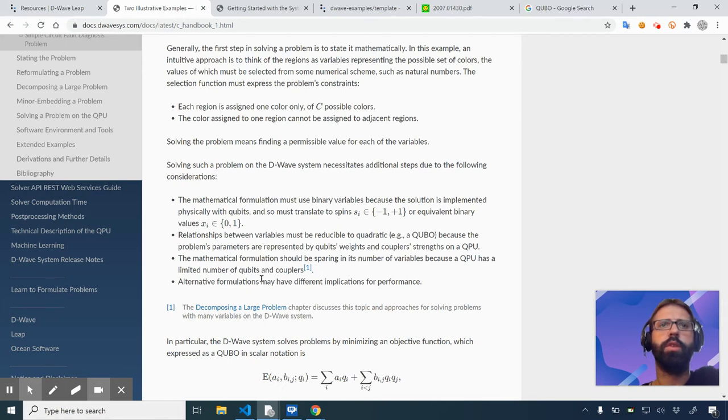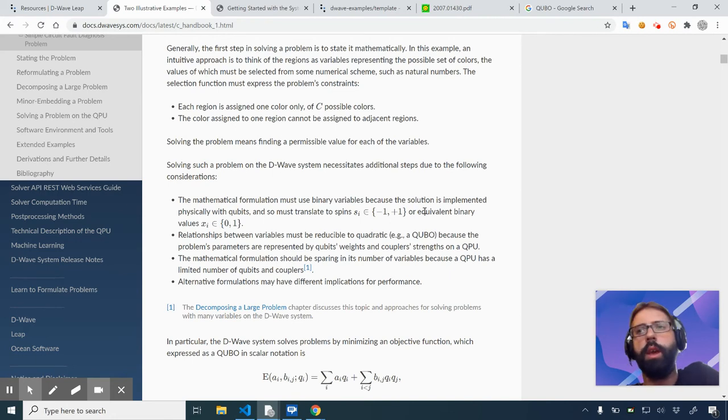Alternative formulations may have different implications for performance. The point is, okay, it must use binary variables because that's the way the machine works. So I guess what you want for each available color in the region is a binary string that has all zeros and then a 1 in the color that is going to be used.